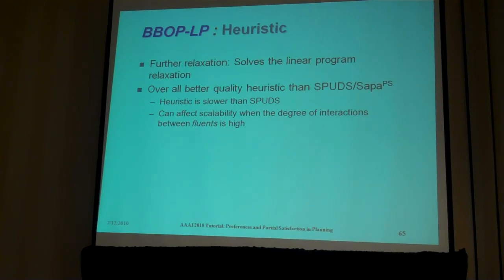And this can affect the scalability of Bebop if there are a lot of interactions between each of these fluents. So if you have a lot of packages and a lot of trucks that interact with one another, the scale up turns out to be very poor. But if you have a planning problem where each of these objects is decoupled, the scale up is quite good, and it does better than both of these other approaches.